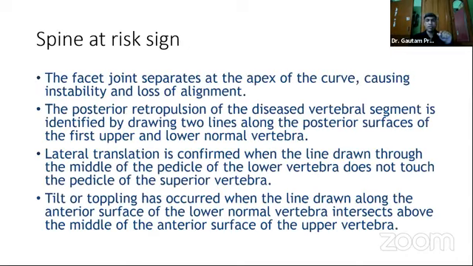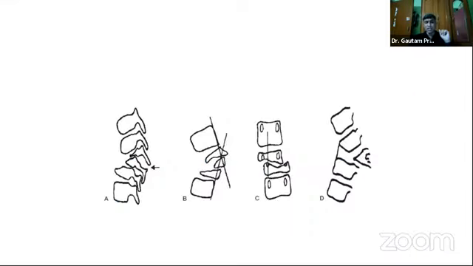In a child, there is usually a tendency to have early deformity because the child is in a growing age group. There is always a risk, and Dr. Rajshekharan has given the spine at risk signs. In cases with significant destruction, what we usually see is first facetal distraction, then retropulsion, and then lateral translation or toppling of the vertebra.